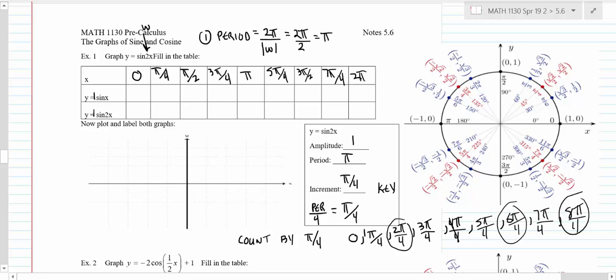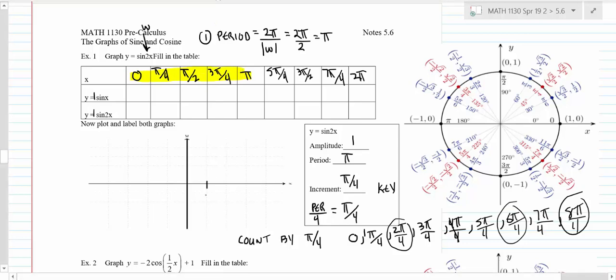Okay? So when you have a number in front of x, that changes the period, so that means the way you do your graph is going to be totally different. Now, all I'm going to focus on mostly for the graph is just this part right here. So let's go to our graph and get this put together.